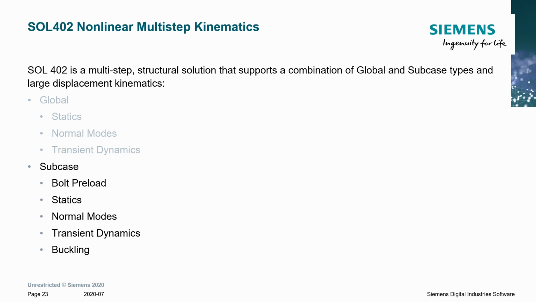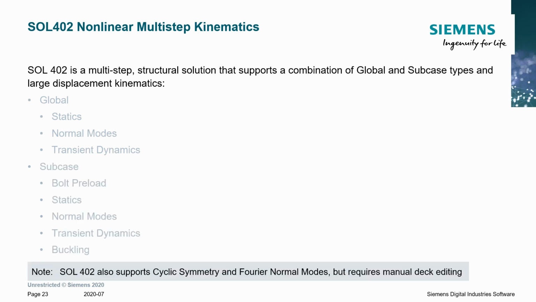And then for your subcase, you could do preloads, statics, normal modes, transient dynamics, and we also support buckling in the 402 subcases. Now 402 does support cyclic symmetry and Fourier normal modes, but we don't support that in the GUI, so you'd have to do manual deck editing.